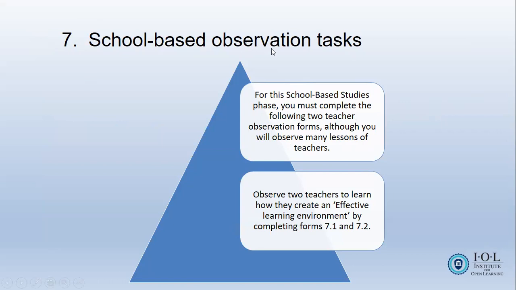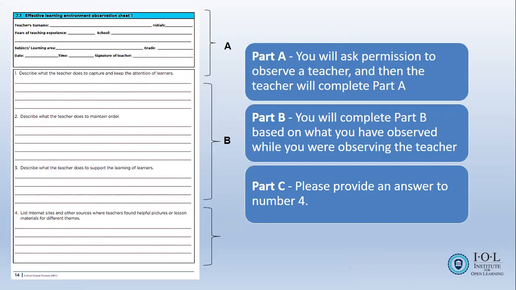I urge you to turn to those pages, and you must ask permission from the teacher so that you can observe the teacher, and then you observe the two teachers to learn how they create an effective learning environment. You will then complete those 2 tasks, 7.1 and 7.2.